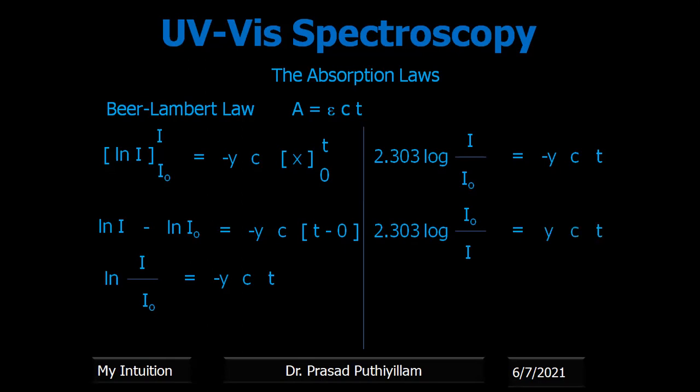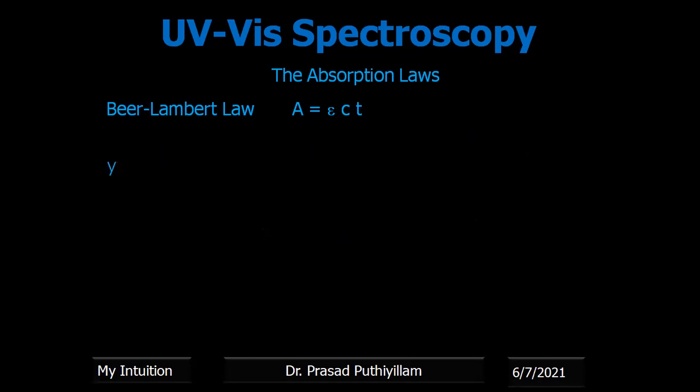Therefore, rearranging again, I want to calculate the constant y. I take all the remaining terms to the right hand side: y is equal to 2.303 divided by c into t into log I0 by I. Now again there is no space, so I have to rewrite it. So y is equal to 2.303 by c into t into log I0 by I. Now 2.303 is another constant, not a variable.